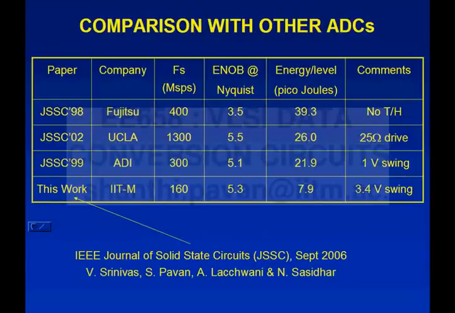They run at 1 volt peak to peak differential swing, and you can see that the power efficiency is about 21.9 picojoules per level, whereas we are doing much better. It's not a factor of 5% or 2% better, right? You can see that there is a significant difference between the two, and that can be attributed to the fact that you are using large sequence mix.